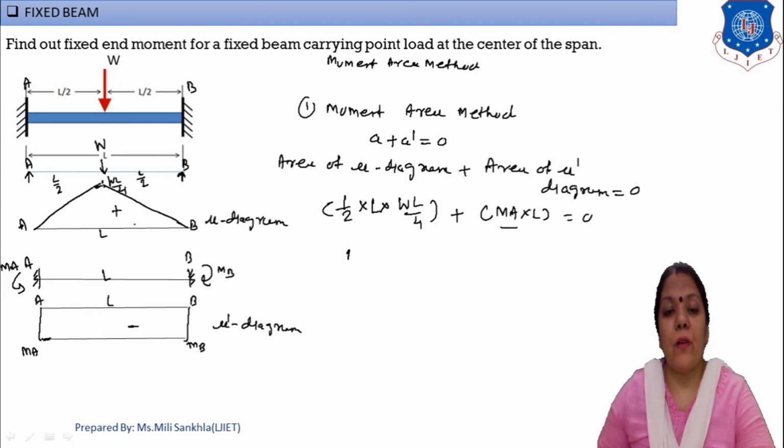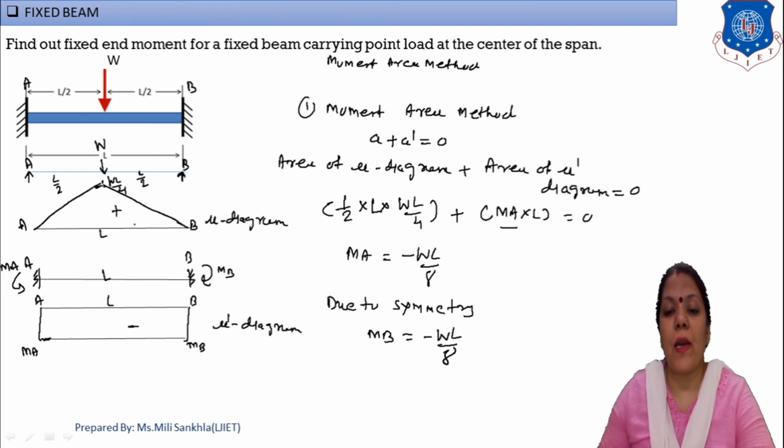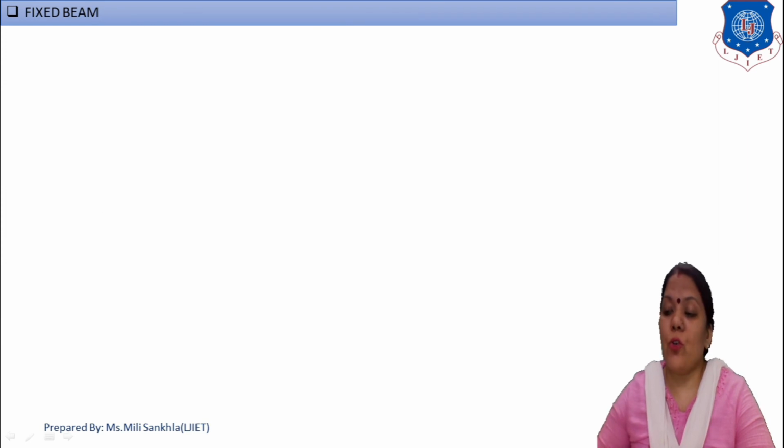Now after solving it, MA is equal to minus WL by 8, and due to symmetry, MB is equal to minus WL by 8. Okay, we have found the values of the moments.